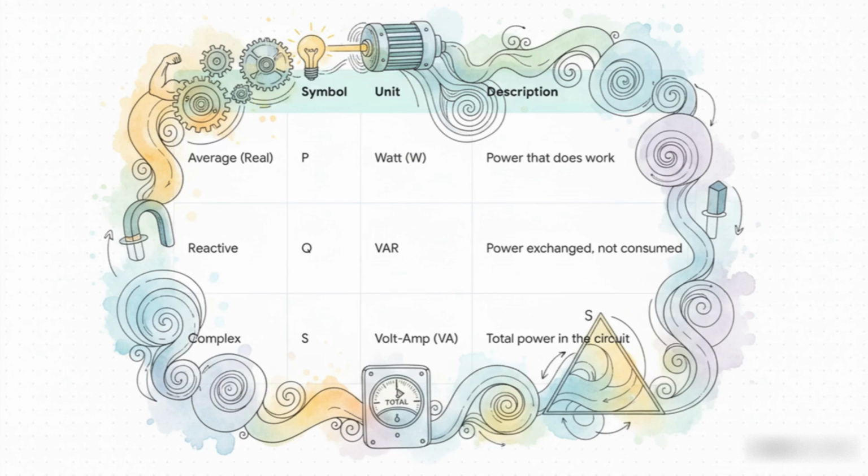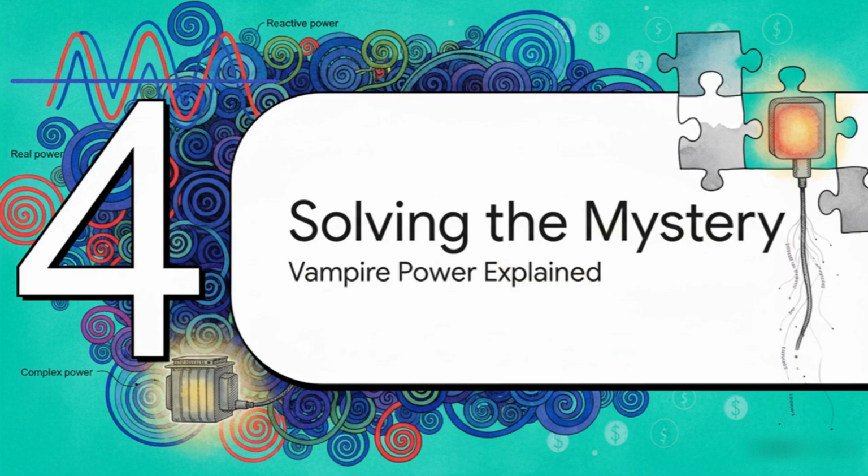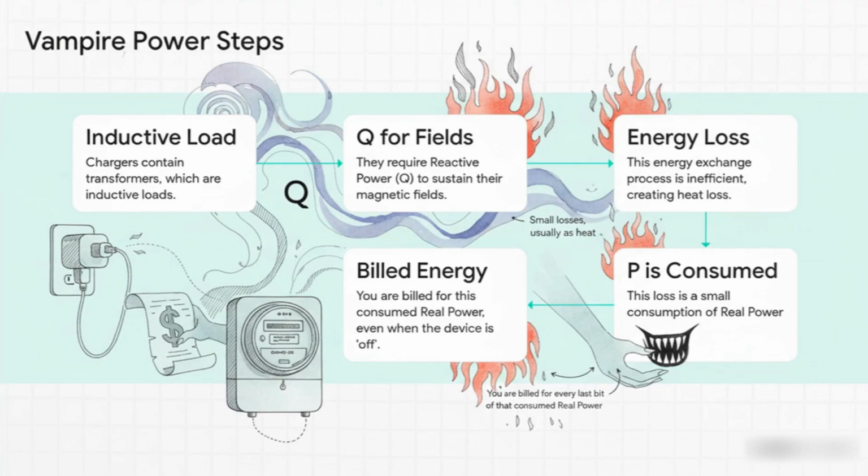Got it? Good. Okay, now that we have a handle on real, reactive, and complex power, we have all the clues we need. We can finally solve the puzzle we started with, the mystery of that warm idle charger. So here's exactly what's going on inside that little block. Your charger has something called a transformer in it. Now, just by being plugged in, that transformer needs to borrow reactive power, the Q we talked about, to keep its magnetic field going.